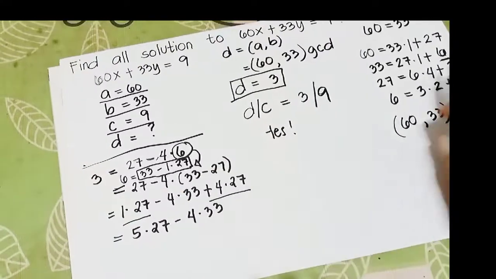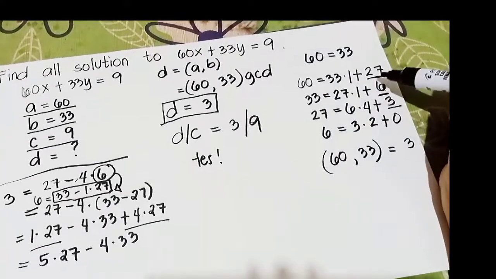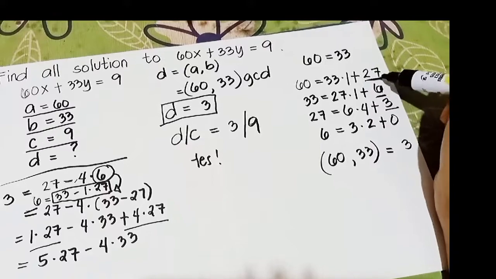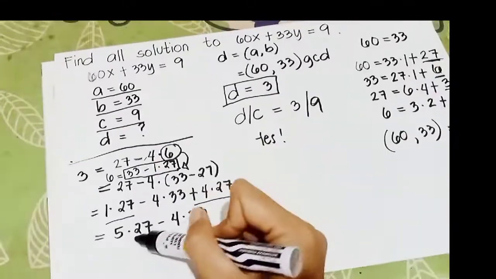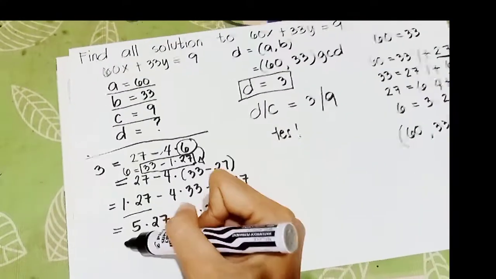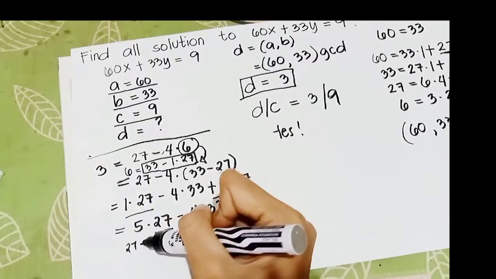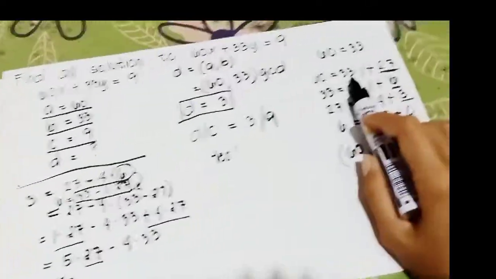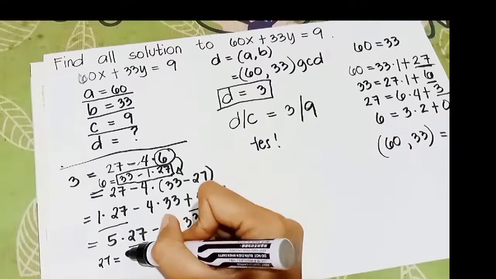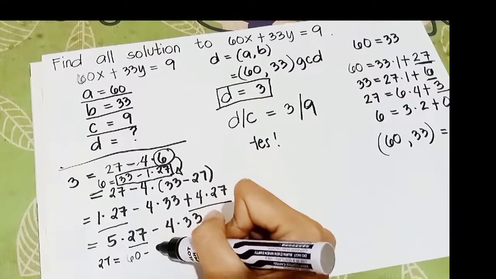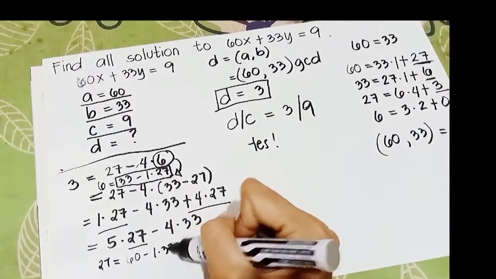Next, we have 27 here. The last here is 27 also. So let's get the value of 27, which equals 60 minus 1 times 33.